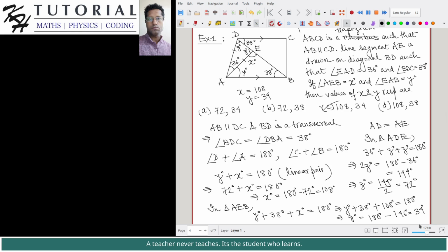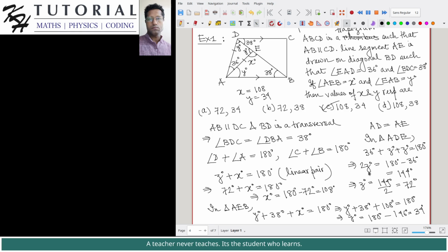So in this problem we applied the concept of the fact that trapezium has one pair of opposite sides parallel. And that is all we used, and it was already given that triangle ADE is an isosceles triangle.